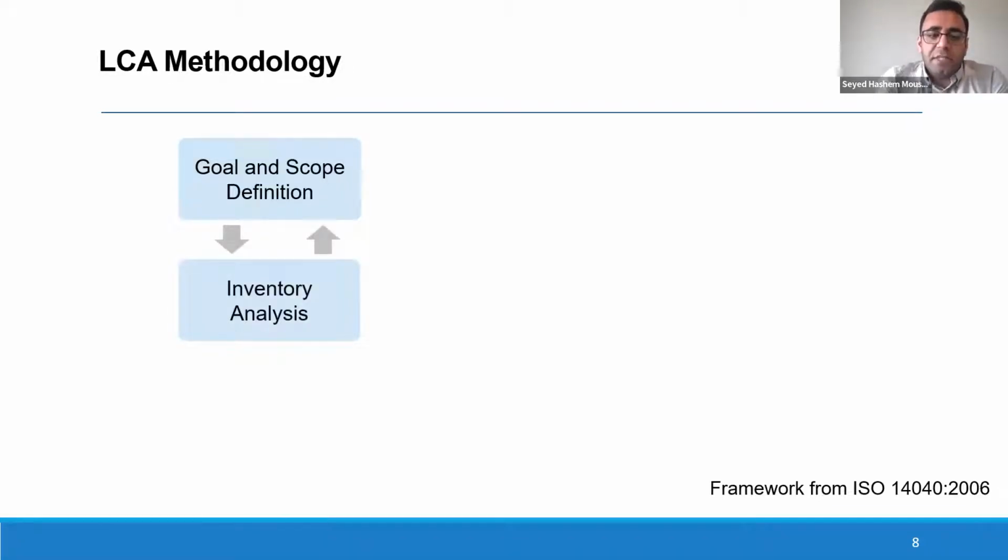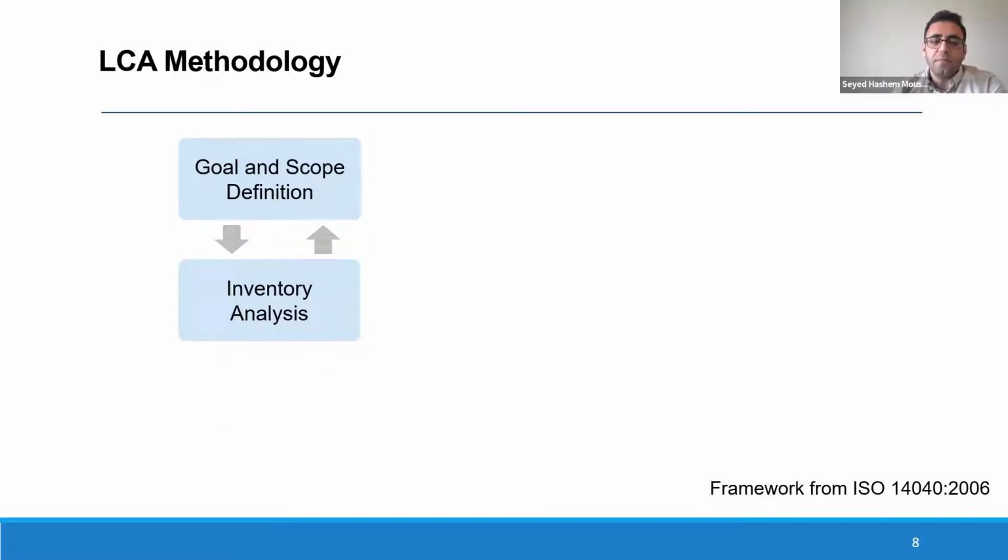The next step is inventory analysis. For doing the LCA, we need to identify the inventory of inputs, different products, waste, and emissions. Those can be provided from operational data, which can come, for example, from a plant, from techno-economic assessment or process modeling, or from the literature.